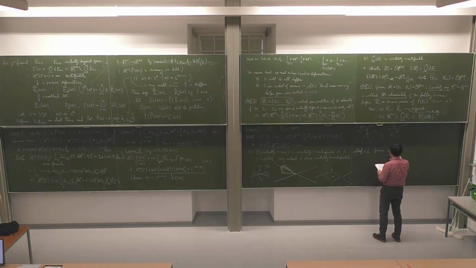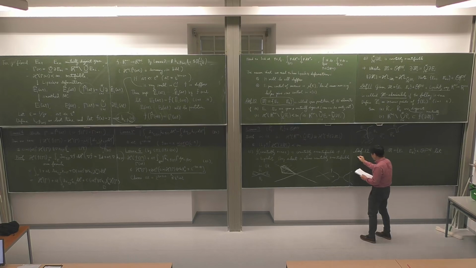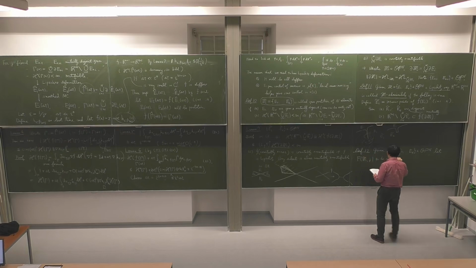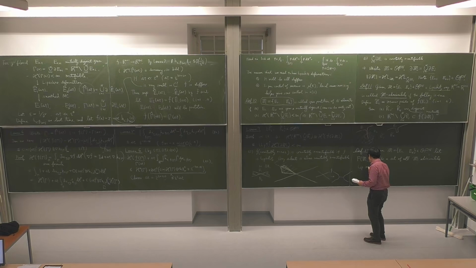If you're given this open partition, we let F of M_j be the set of all admissible maps f such that the following is true. That is, there are three conditions.